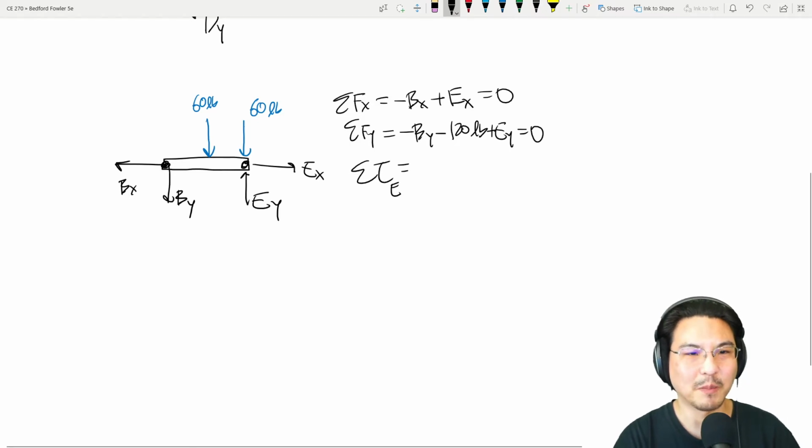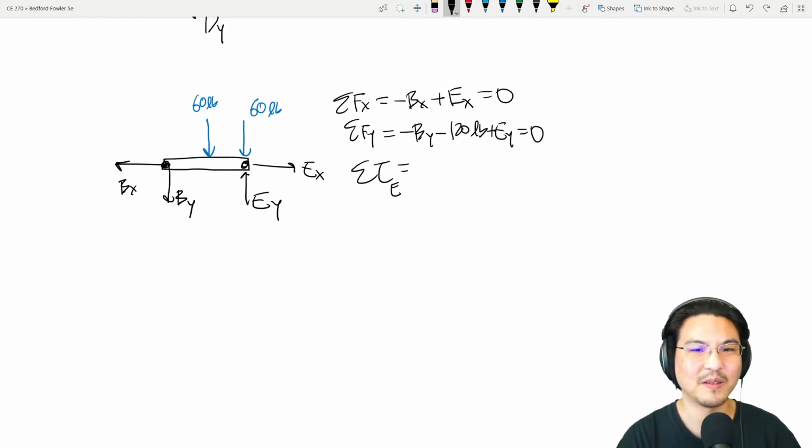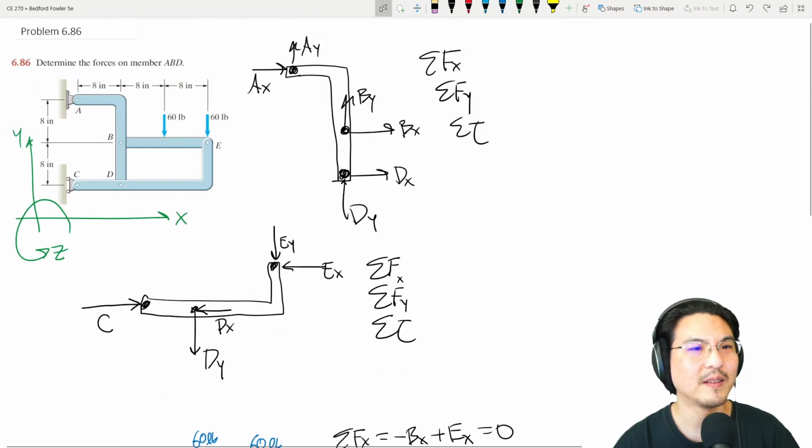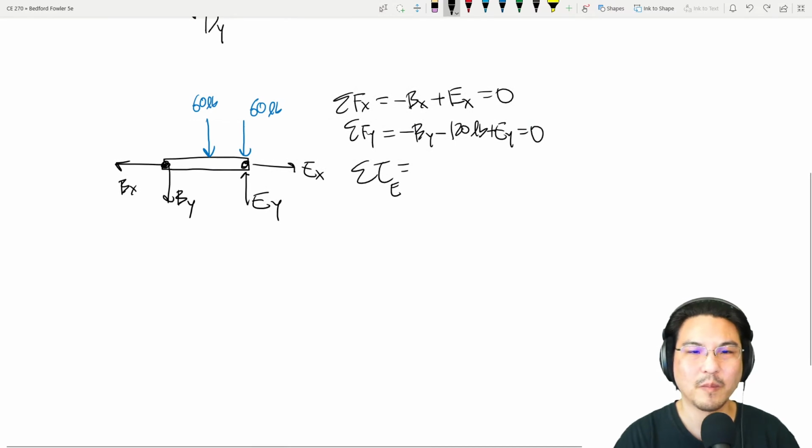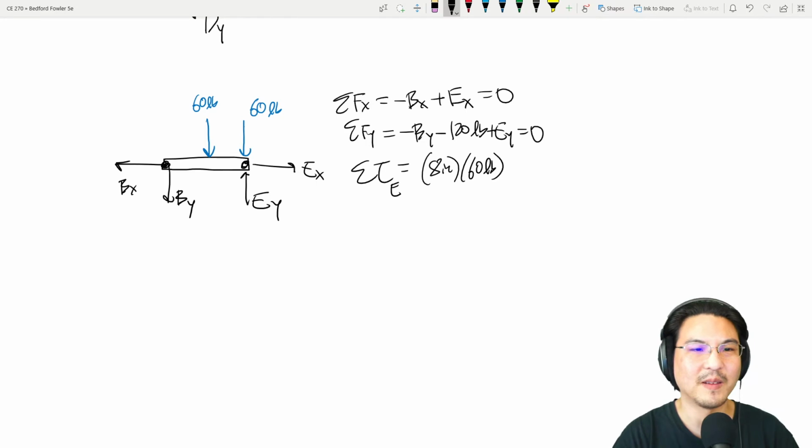So the torque by this would be positive. Okay, how far is that? 8 inches. Okay, so 8, positive, 60 pounds. And then the torque from this would be 0 about point E. So then there's just this plus 16 BY.